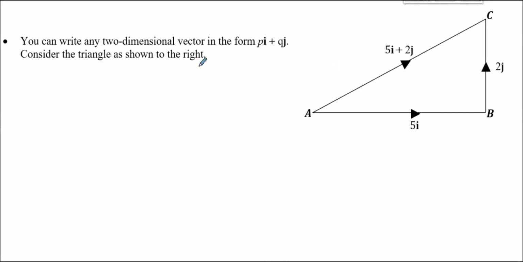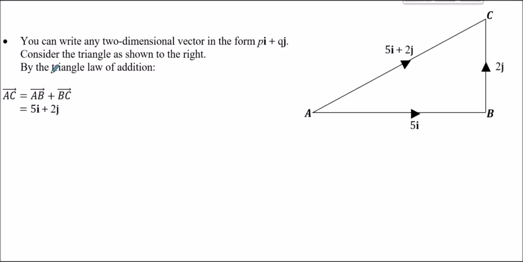Just consider this triangle shown to the right. Imagine you've got this vector 5i going to the right, 5 units, and 2j going upwards by 2 units. Then we can consider the vector going from A to C as the resultant of 5i and 2j.